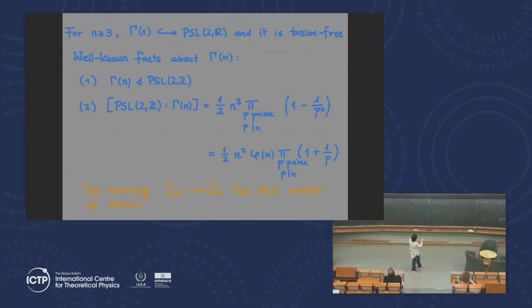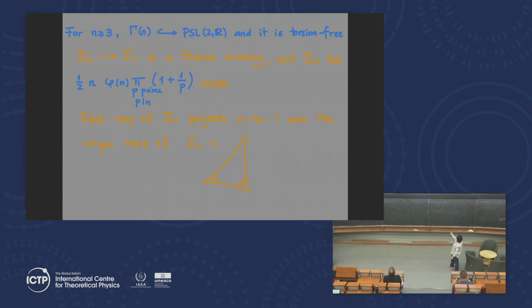What I want to point out is that, never mind the actual number, we also know how many cusps this surface has. The number of cusps is the number of sheets divided by n. So what's important in this example is that sigma n is a finite covering of the modular surface with this number of cusps, and each cusp projects n to 1 onto the unique cusp of the modular surface.